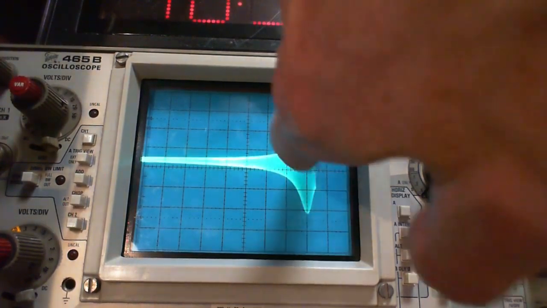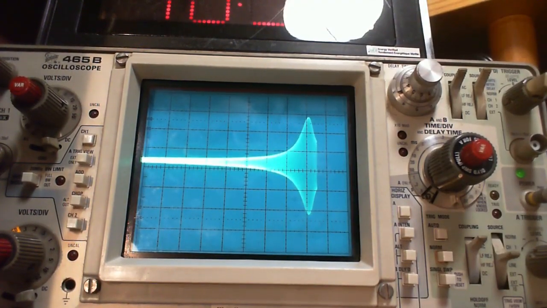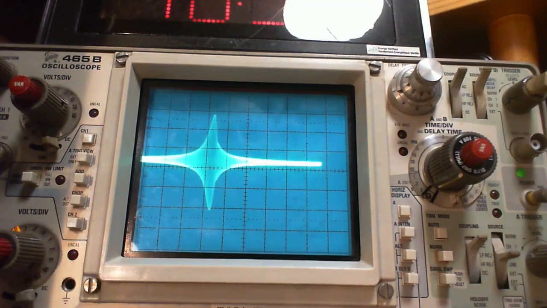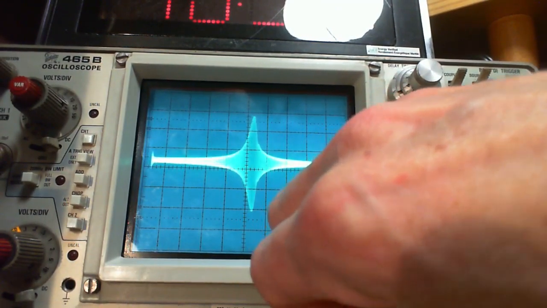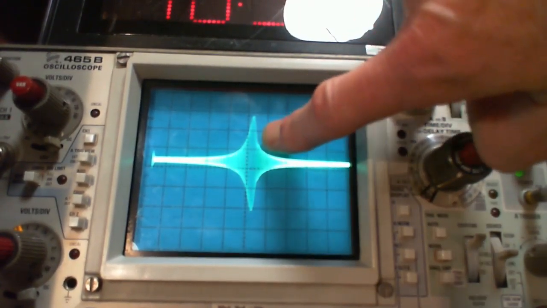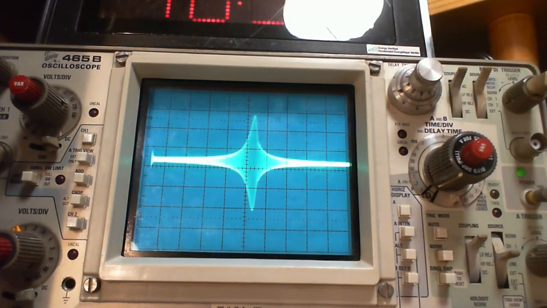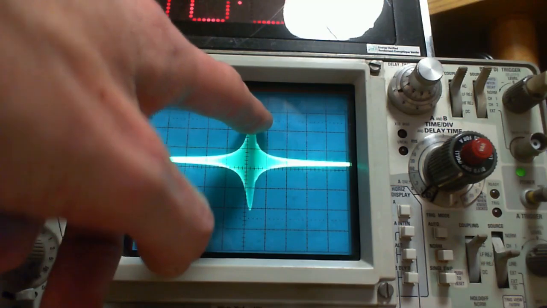Let me get the sweep to keep going a little bit further past here. Move it back in the middle. Funny little bump. Again, it's hard to see on the video. So conceivably, this is 600 hertz.